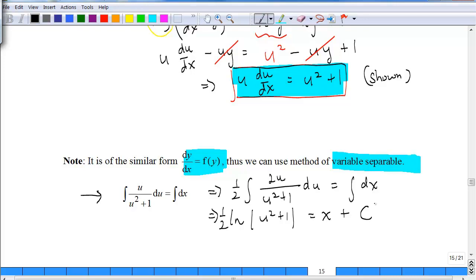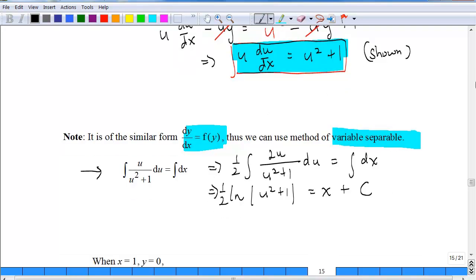Now the modulus of u squared plus 1, because u squared plus 1 is always bigger than 0 no matter what is the value of u, you can actually remove the modulus sign if you wish to. Right, so let's remove it now.